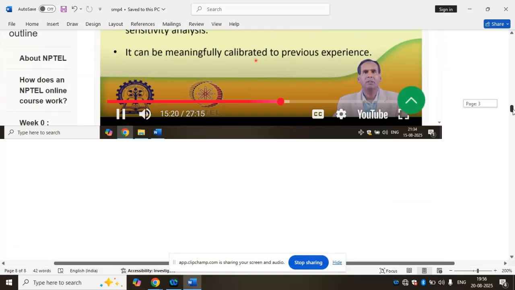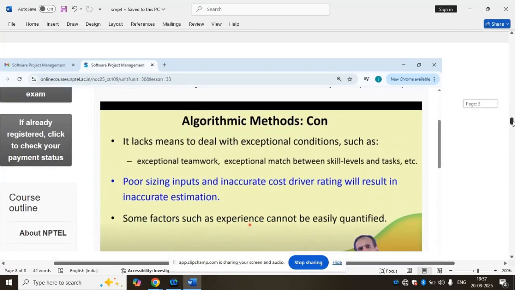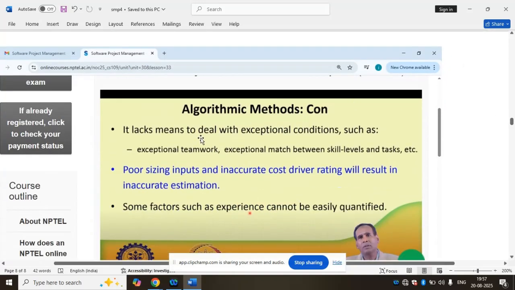And what about the disadvantage? So you can see here it lacks to deal with exceptional conditions such as exceptional teamwork, a match between skill levels and tasks. So poor sizing inputs and inaccurate cost driver rating will result in inaccurate estimation. So another factor is experience cannot be easily quantified.